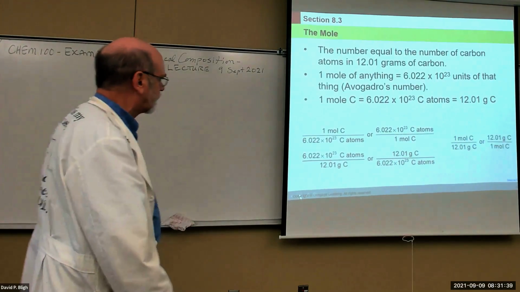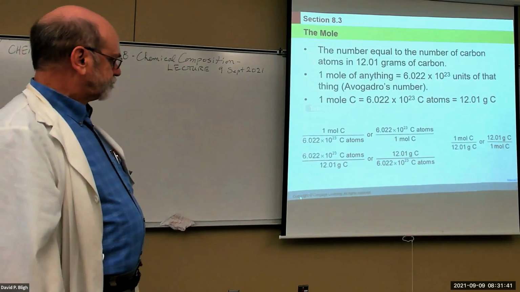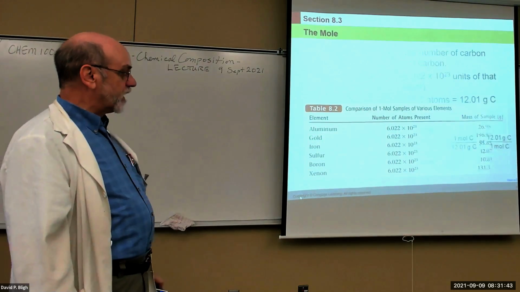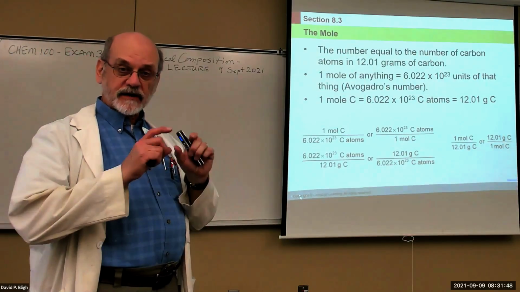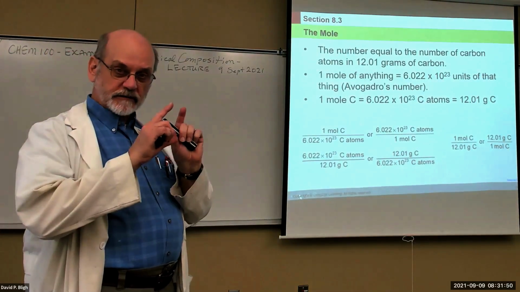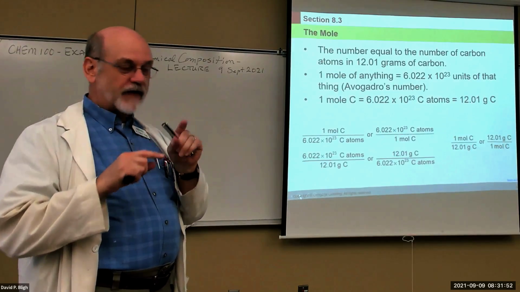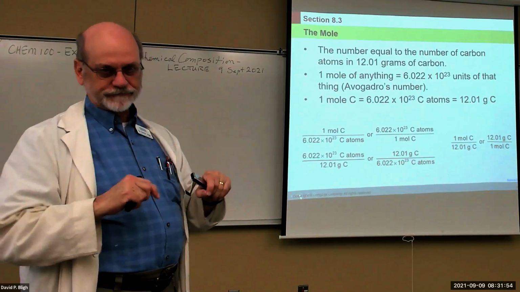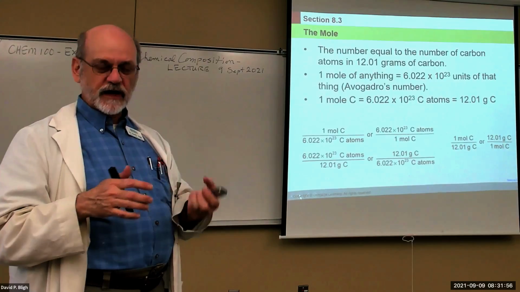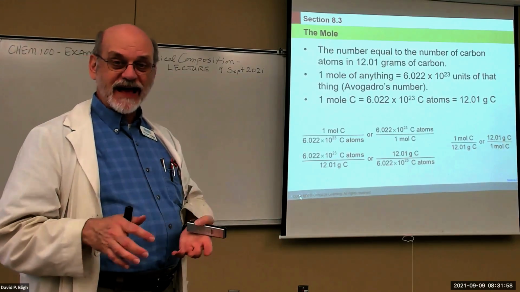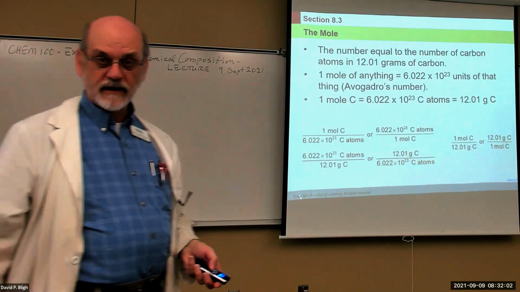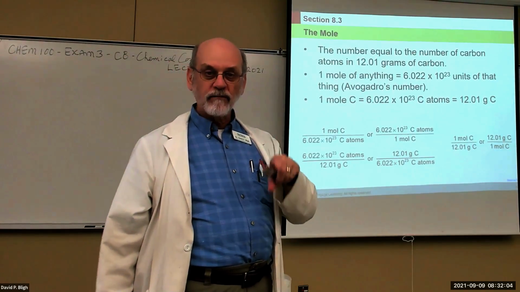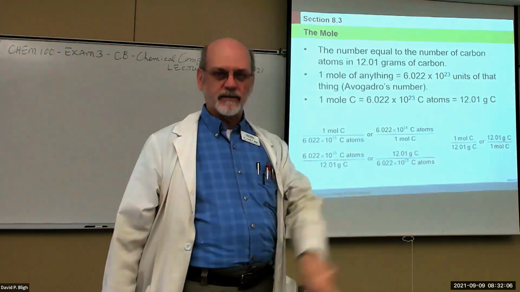By the way, that's why we call that value in the periodic table, not the atomic number, but the other value that we refer to as atomic weight or atomic mass. It's also called molar mass, because that's the mass of 1 mole of that element's atoms.